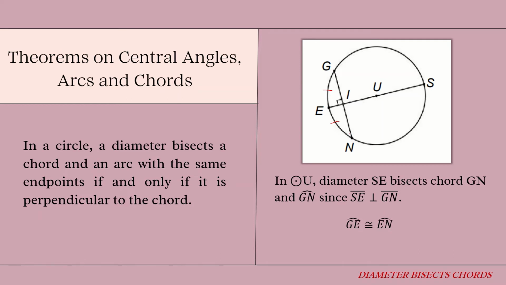Nahati niya yung arc GN into two equal parts. So yung arc GE is congruent to arc EN. Likewise, segment SE also bisects chord GN. So we say that segment GI is congruent to segment IN.